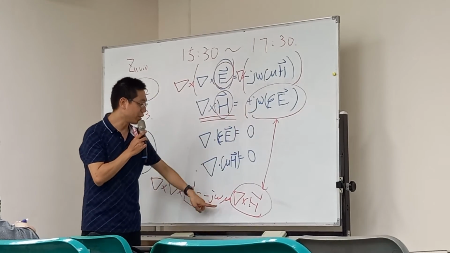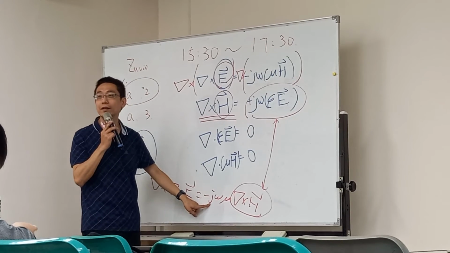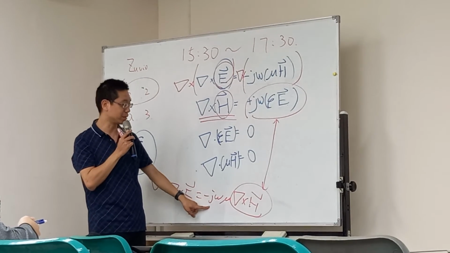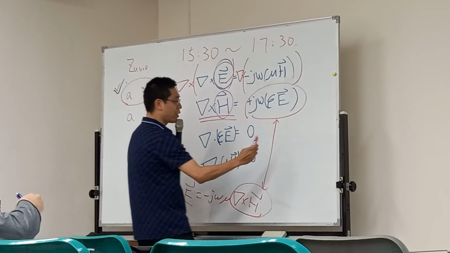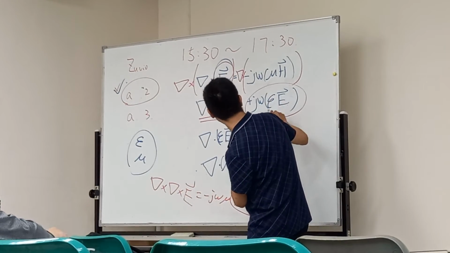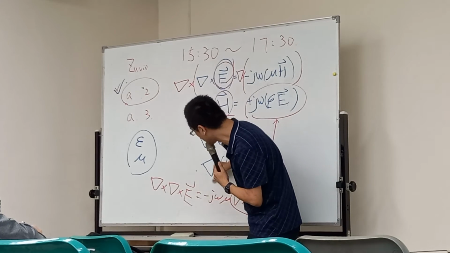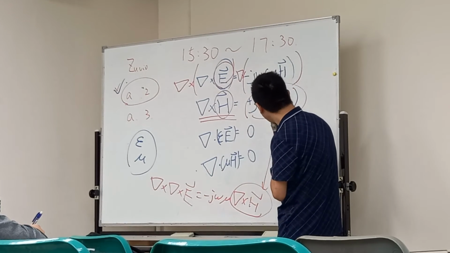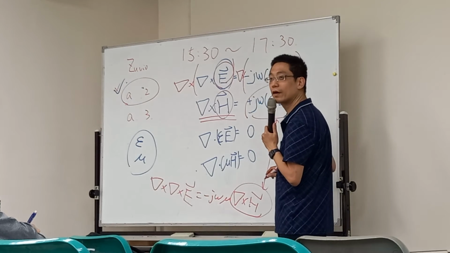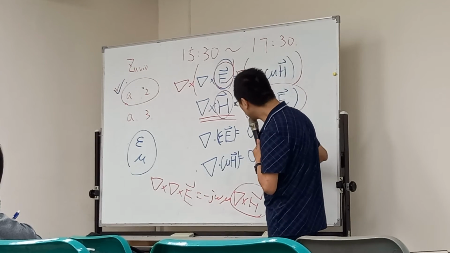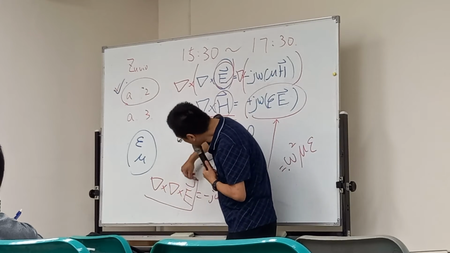So j times j equals minus 1, and a negative times a negative is positive. So these two terms will become omega squared, and multiplying this term by this term becomes omega squared mu epsilon. Okay? This one equals this equation.